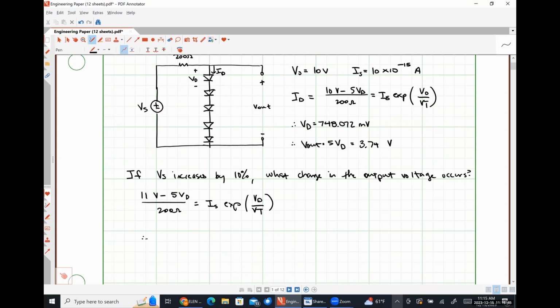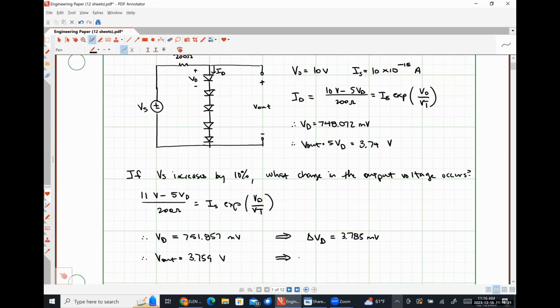Solving for this, we could say that VD is now 751.857 millivolts, meaning that our diode voltage has experienced a change, delta VD, of 3.785 millivolts, and Vout, just 5 VD, will be increased to 3.759 volts.